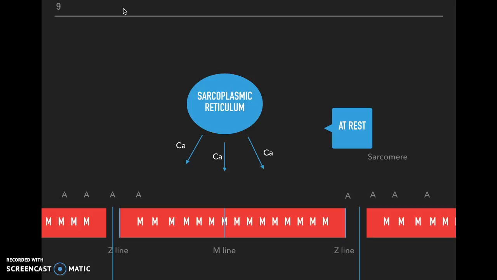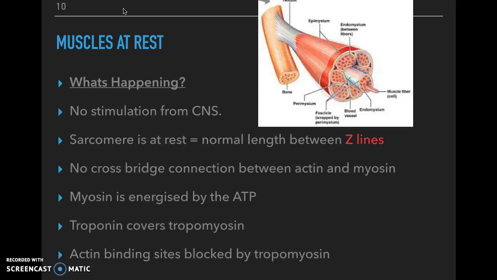And this is at rest. So muscles at rest is basically the total opposite of contraction. There's no stimulation from the central nervous system, so there's been no change in the environment for your muscles to need to contract. So the sarcomere is at rest, so this is normal length.